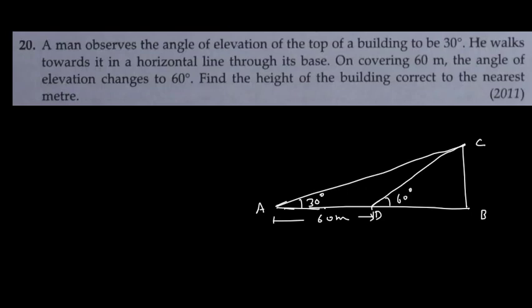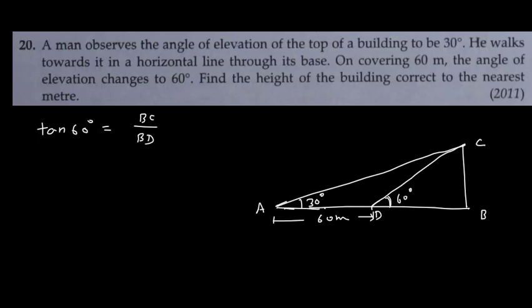This problem is also similar, but let us solve it. First we use tan 60 degree, which will give me a relation between BC and BD. So tan 60 is BC divided by BD.